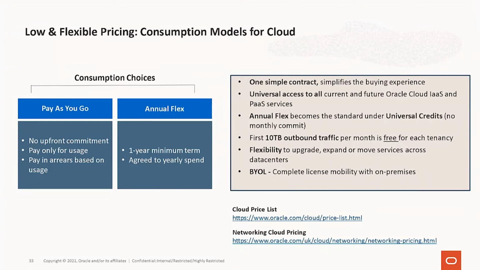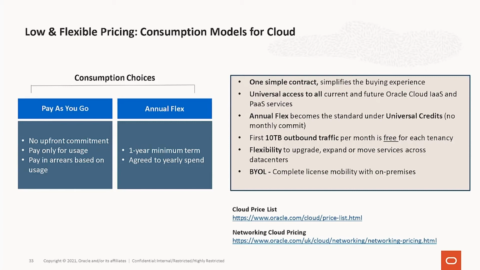Once you start working with OCI, you will have two different consumption models: pay-as-you-go and annual flex based on universal credit. Pay-as-you-go is really simple. Basically, you only pay for usage with no upfront commitment. The annual flex model using universal credit is a really flexible and special model. You will have a 1-year minimum term, but you will get all the flexibility of the universal credit.